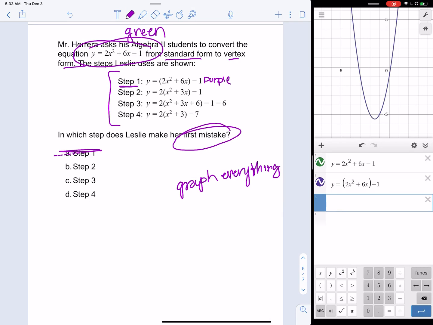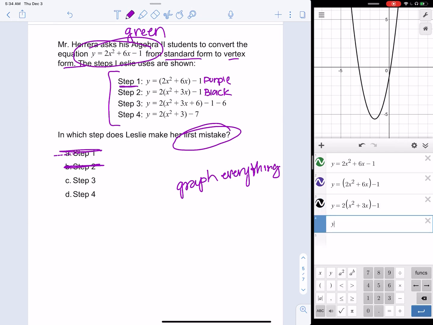So then we're going to try step 2. Y equals 2, parentheses, x squared plus 3x, parentheses, minus 1. That's black. Does the black line match the green line? Yes, it does. Very good. So she didn't make a mistake in step 2. Now we're going to try step 3.